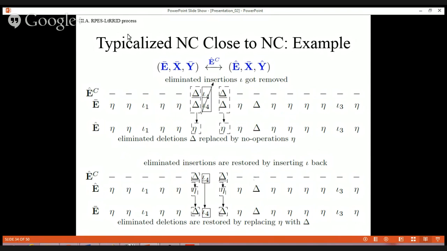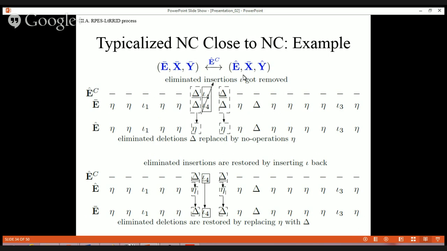Here we give some examples showing how these two relations can go in both directions. The first one is more straightforward because E complement is defined by indicating the edits we eliminated.